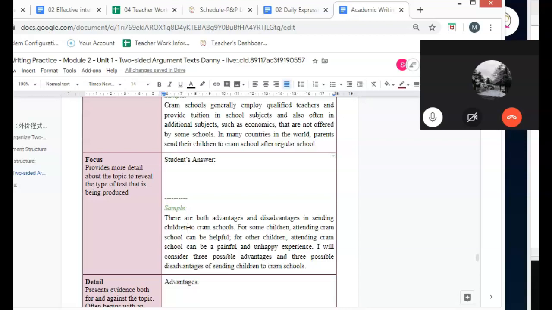I will consider 3 possible advantages and 3 possible disadvantages of sending children to primary school. Okay. So your answer? So this answer is kind of in between, right?